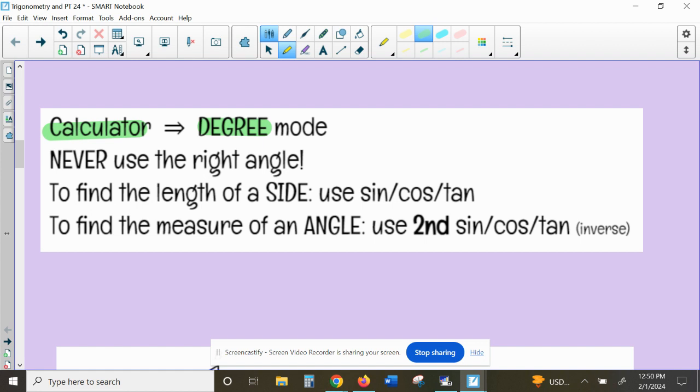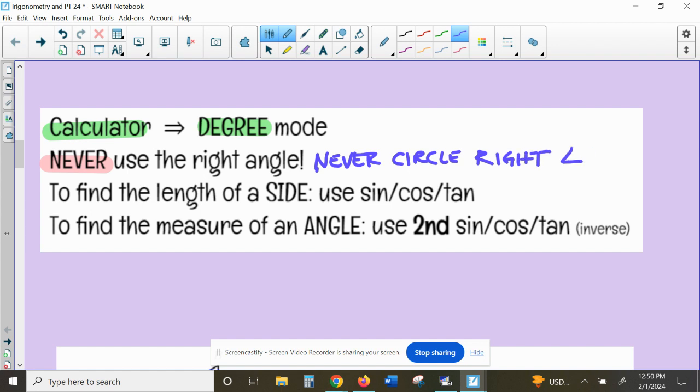Second important point, never, ever circle the right angle. Never, ever circle the right angle.